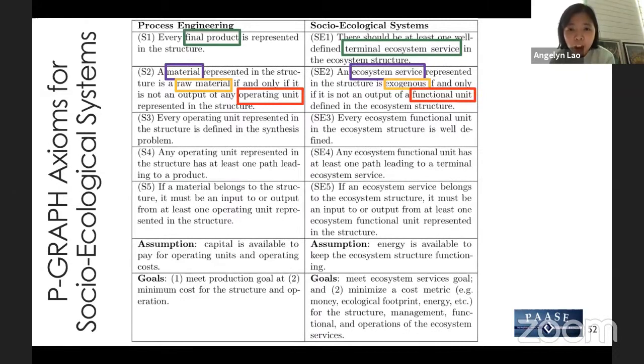The third, every ecosystem functional unit in the ecosystem structure should be well-defined. Fourth, any ecosystem functional unit has at least one path leading to the terminal ecosystem service. And lastly, if an ecosystem service belongs to an ecosystem structure, it must be an input to or output from at least one ecosystem functional unit represented in the structure.